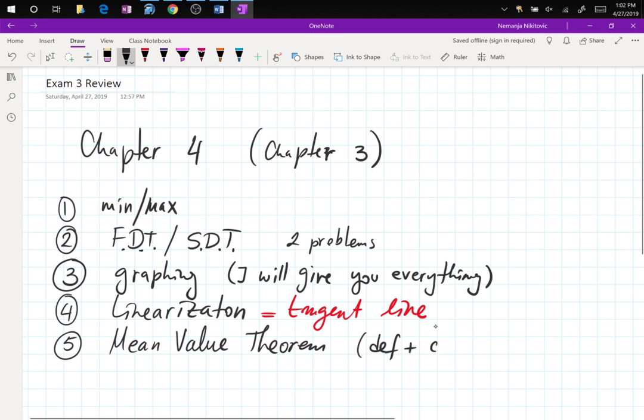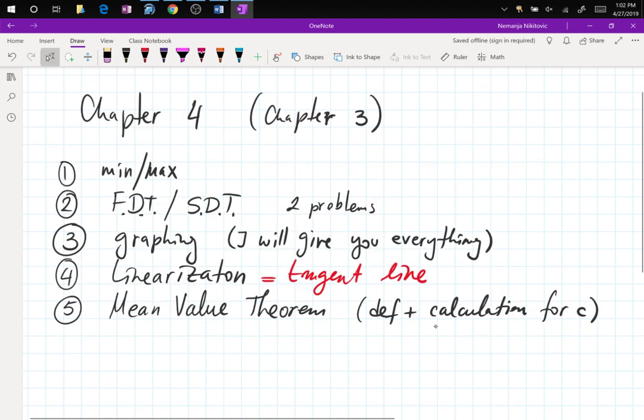Definition plus calculation for C. If you remember, you were supposed to calculate the value C at which the average equals the instantaneous. So that was that.